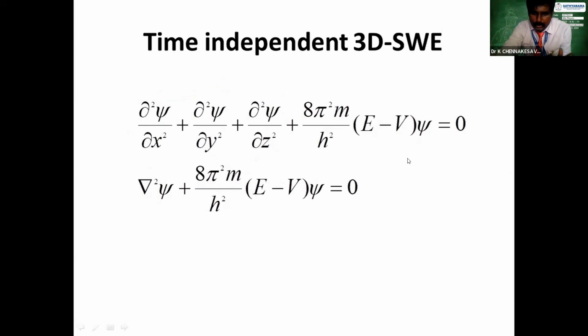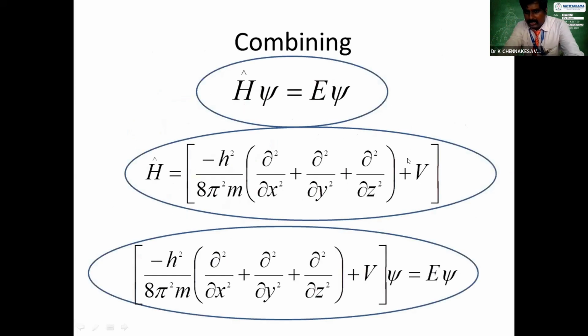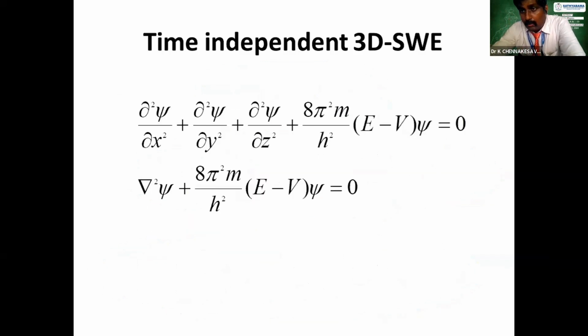We take psi as a common term and make it equal to 0. We are rearranging and simplifying this time-independent Schrodinger wave equation.